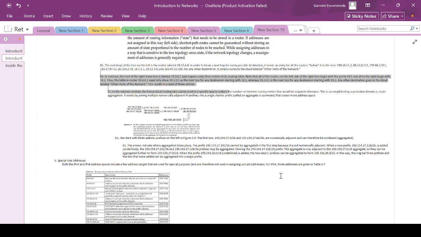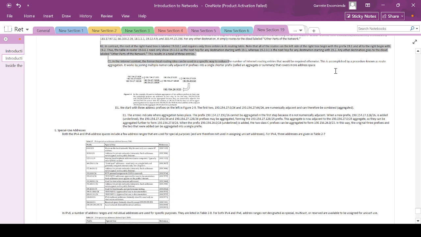It's actually not using less than, sorry about this. It's a binary heap, but it knows if it's starting with 19.1. It's kind of like using an algorithm or code here as well: if it equals 19.1, whereas 19.2.0.1 is the next hop for any destination starting with 19.2. Any other destination goes to the cloud labeled other parts of the network. This results in a total of 3 entries.